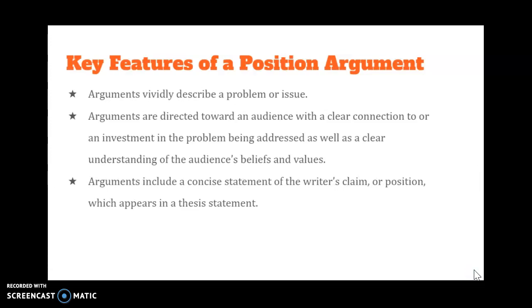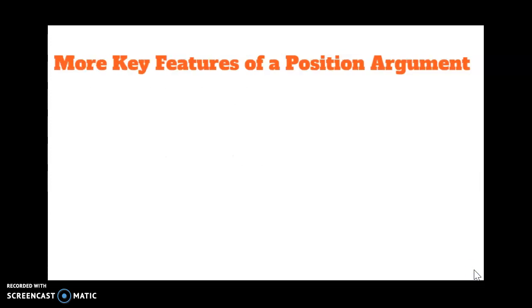Your direct point of view or position is communicated via a concise thesis statement. More key features of a position argument include the following. The reasons why your issue is important are necessary for your audience. How much and what types of background information you include will depend on how familiar your audience is with the topic.